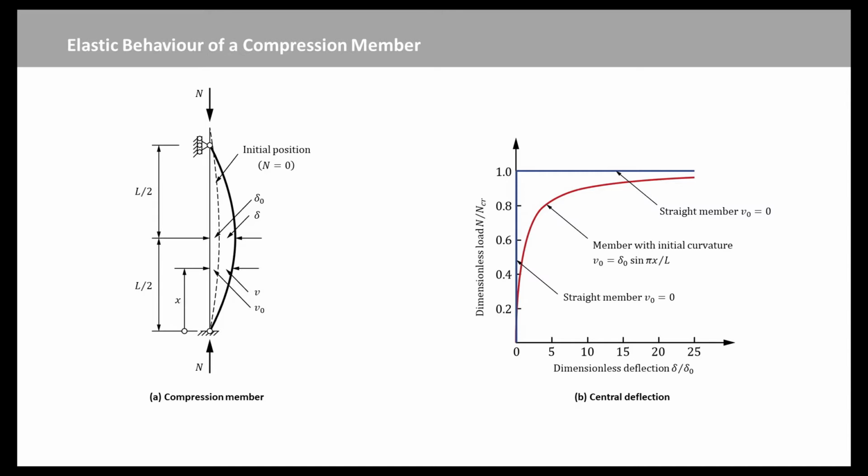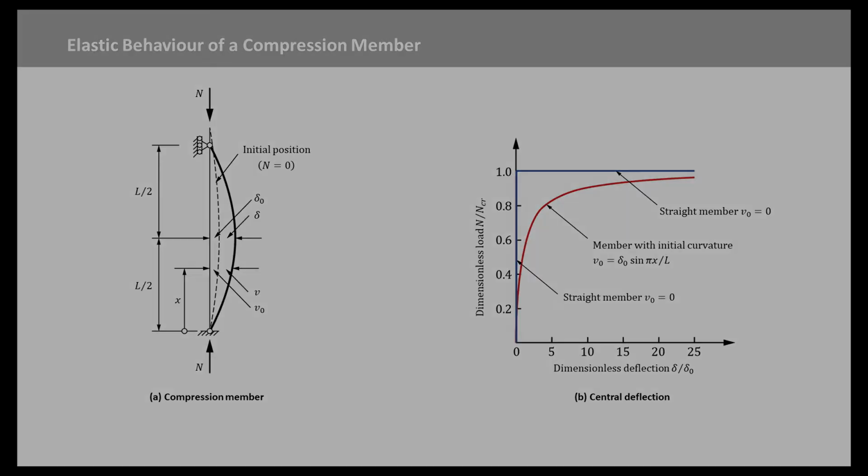The elastic buckling load NCR provides a measure of the slenderness of a compression member, while the squash load Ny gives an indication of its resistance to yielding. In this video, the influences of the elastic buckling load and the squash load on the behavior of concentrically loaded compression members will be discussed.